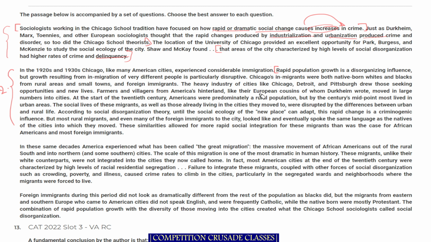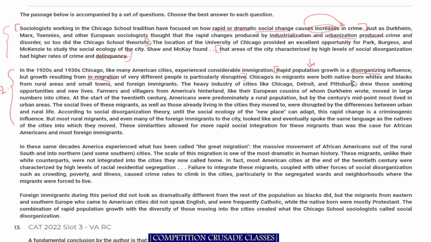We are talking about rapid population growth, and that being a disorganizing influence. And we are also talking about in-migration. So we know immigration is when people come from other countries. In-migration possibly is when people of the same country are transferred to different areas. And we also know this is only because of the industrialization and urbanization that is happening.